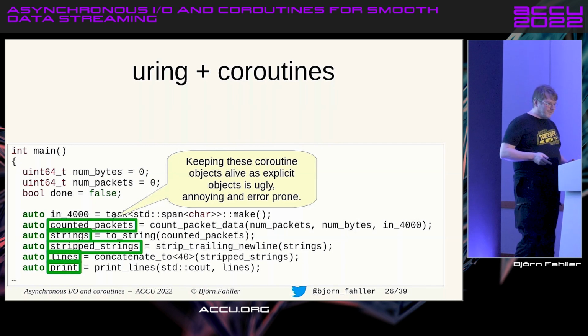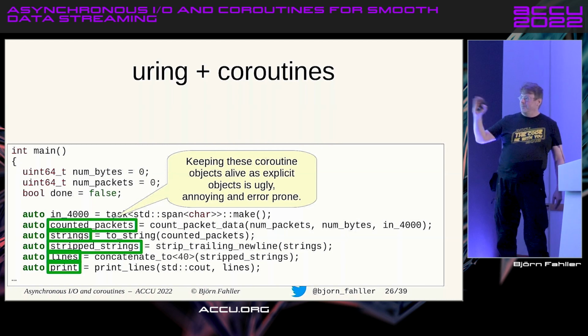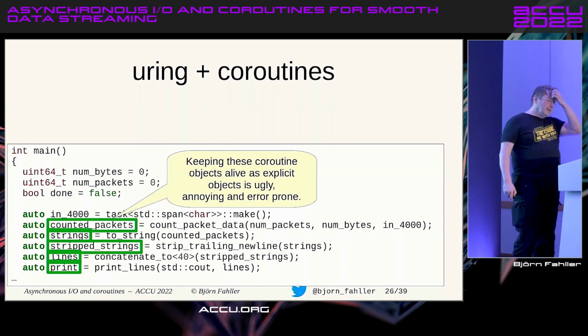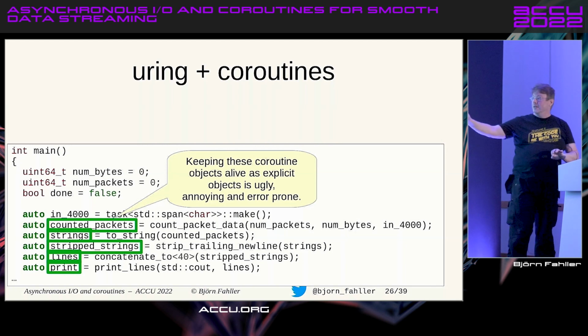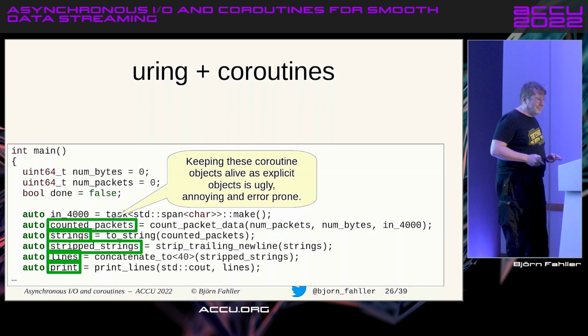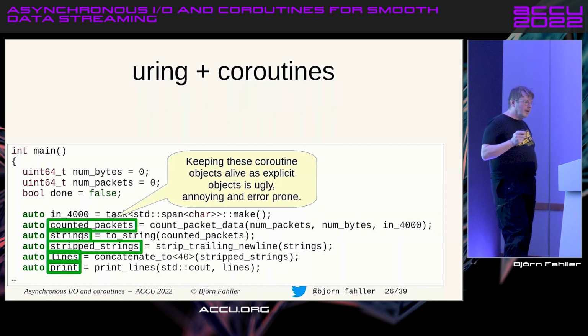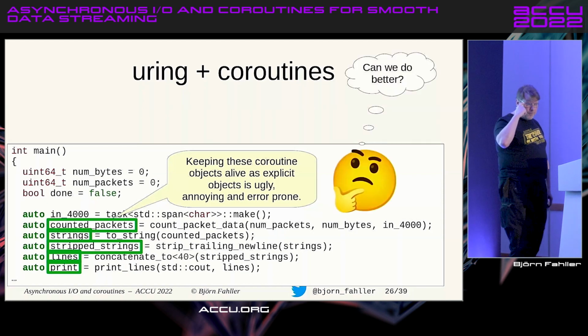That is not good. So you need to keep all these alive, and that is horrible. Even though it is powerful to be able to write all these computation steps as if they were loops, this mess is not nice, I think. So can we do better?